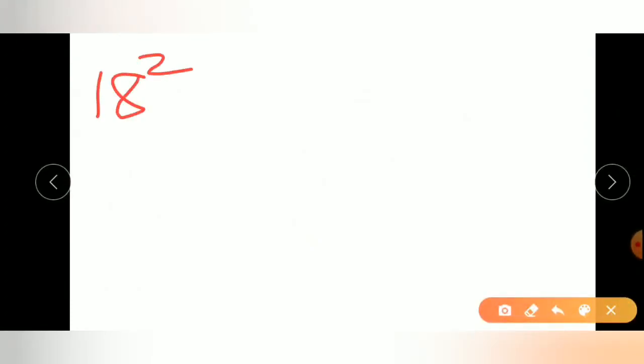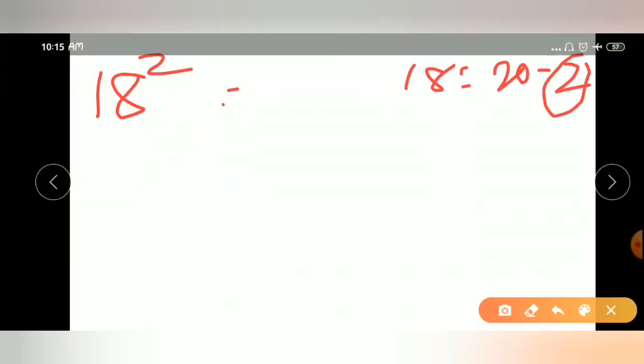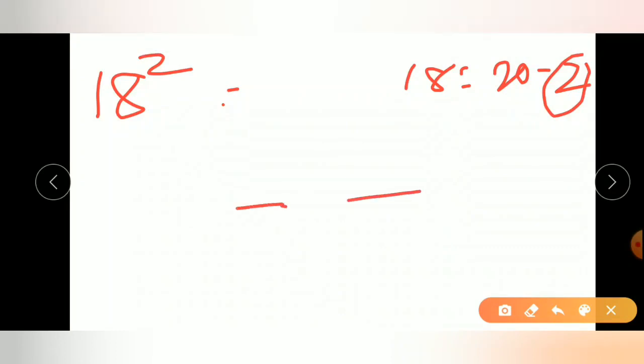18 square. 18 equal to 20 minus 2. Here the more or less amount is 2. So we have to put in these two places square of this one. This is a single digit, no carryover. Then go for the second step. Here it is less than 20.